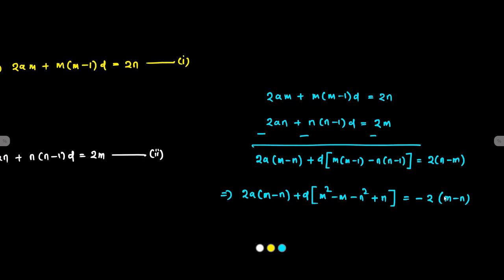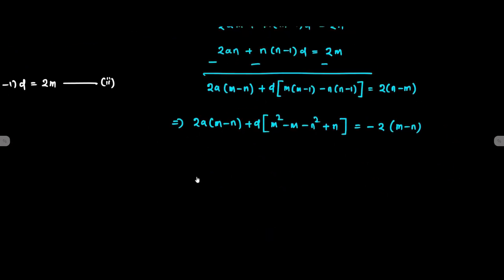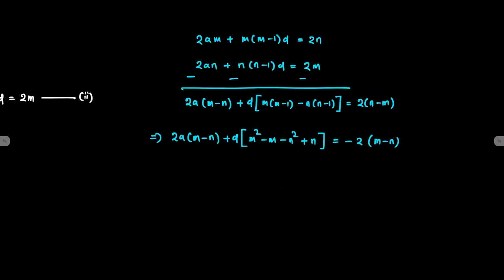Okay, same thing. So now we have, that implies we can write it as 2a into m minus n plus d into m square minus n square minus m minus n.